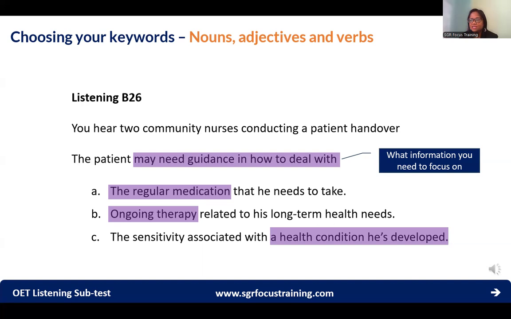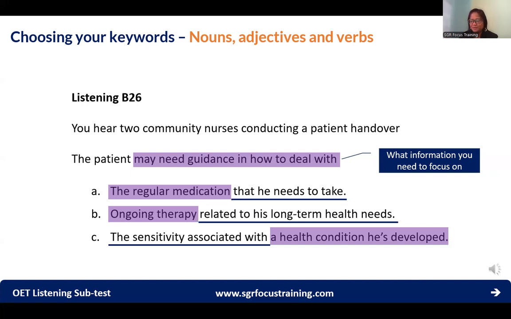Now, when you are listening, always make sure you know the specifics, okay? So the medication is not just any medication, it's the one that he needs to take. The therapy is not just any therapy. This is a therapy or a treatment related to his long-term illness. And then it's not just a health condition he's developed, but something about the sensitivity associated with it.